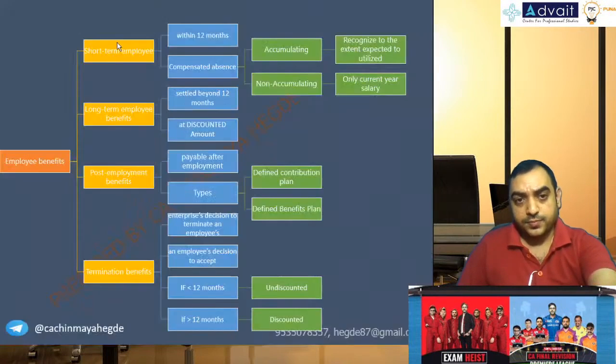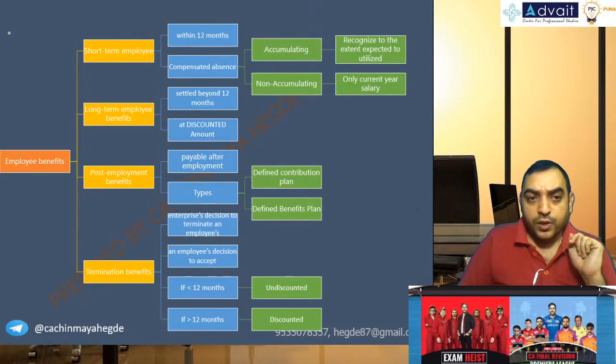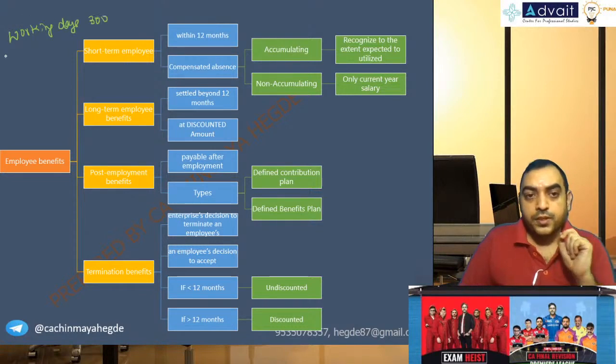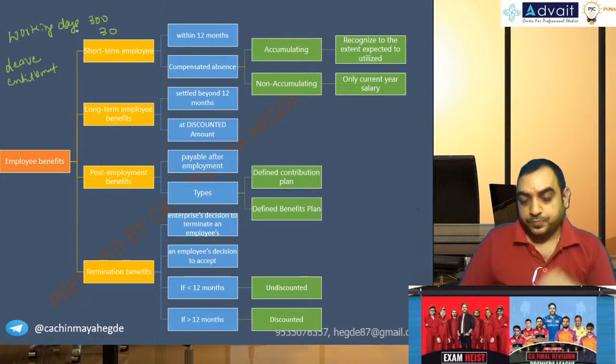Let me explain this concept. Suppose an employee's normal working days is 300, and he is given a leave entitlement, sick leave, casual leave, whatever it is, for 30 days.